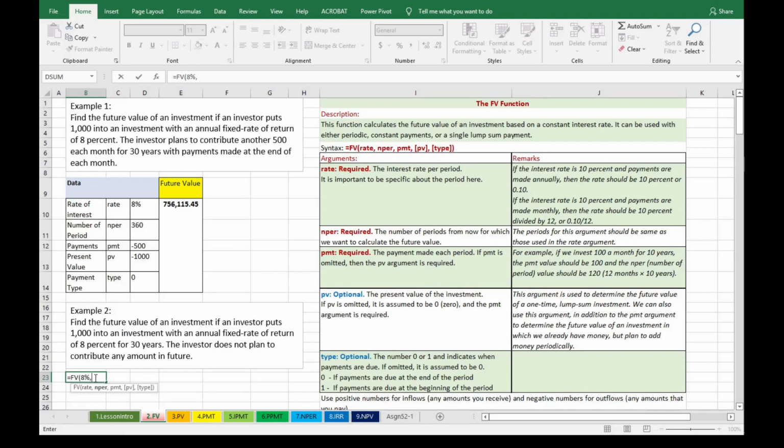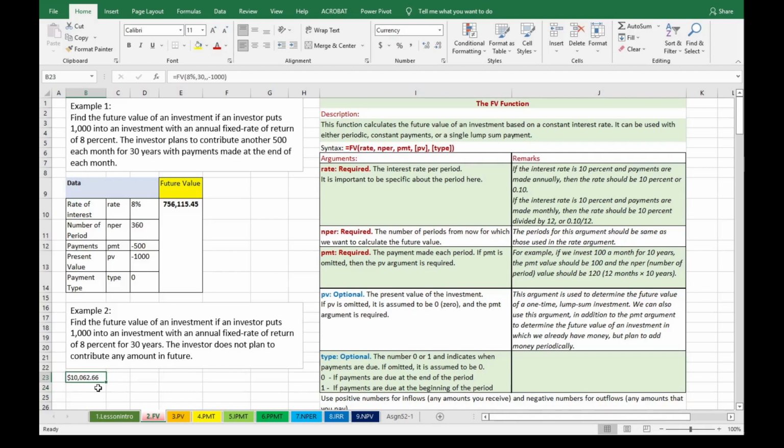Then NPER, number of periods, is 30. PMT, he is not making any payments, so we can leave it blank. Then PV is minus 1000, he has already paid. And type, we can leave it blank because it's an optional argument. So we'll close the parenthesis and enter.